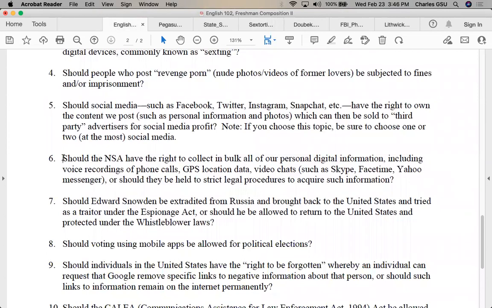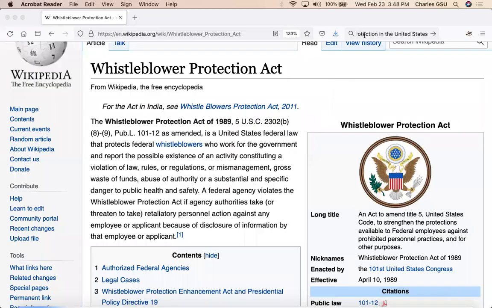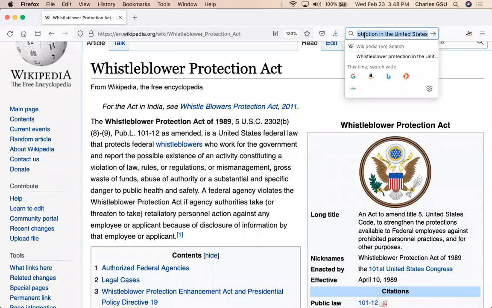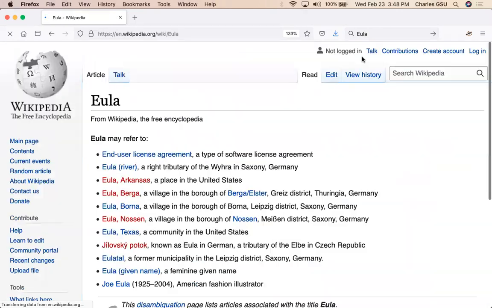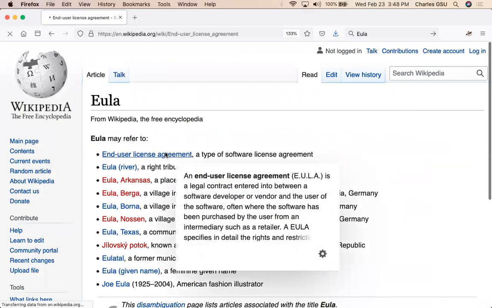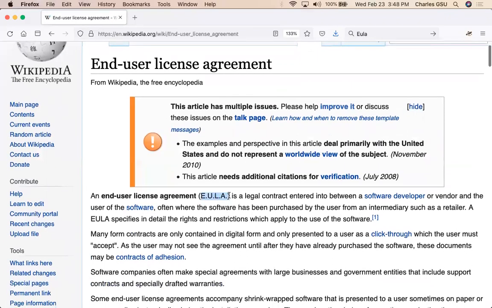This number 6 here, should the NSA have the right to collect in bulk all of our personal information? That relates to the Edward Snowden issue that I talked about a moment ago, which they pretty much do, by the way. Whenever you, there's something called a EULA, that's how it's pronounced. It's called the End User License Agreement, or EULA, as you can see here.